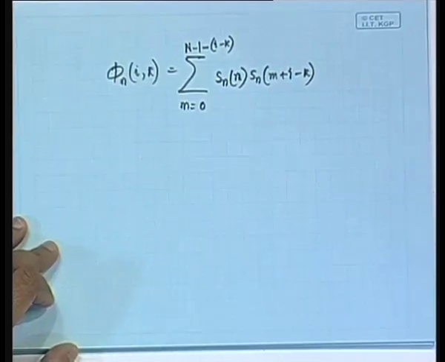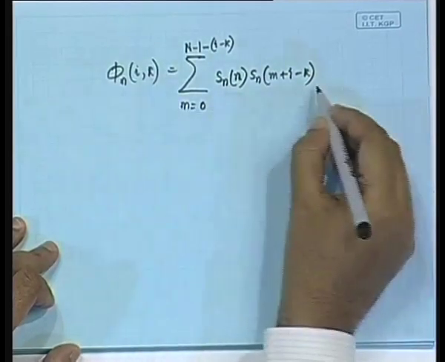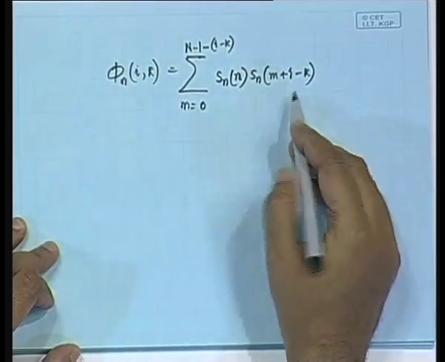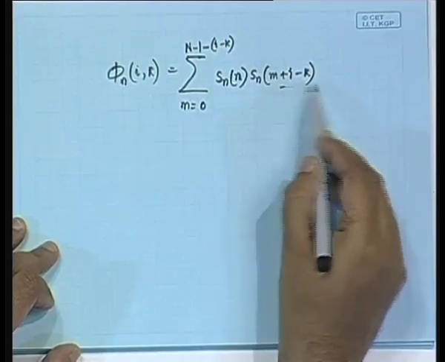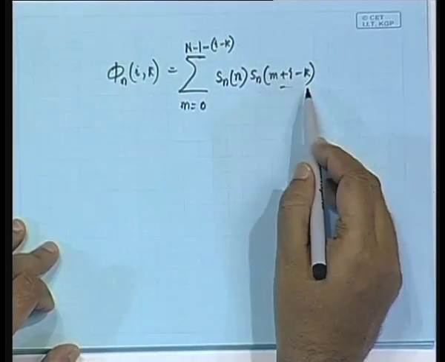In this case this phi_n(i,k) is nothing but the short time autocorrelation function, okay. So phi_n(i,k) now becomes a short time autocorrelation function evaluated with a lag of i minus k.